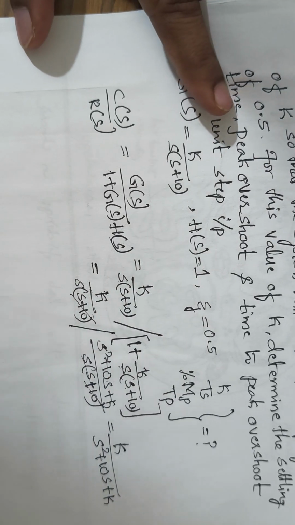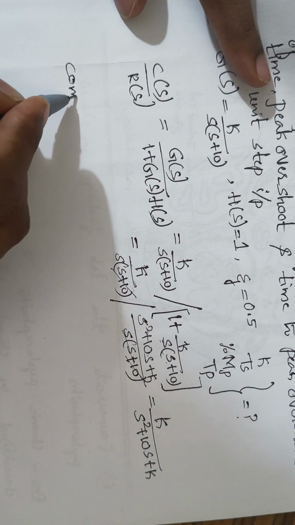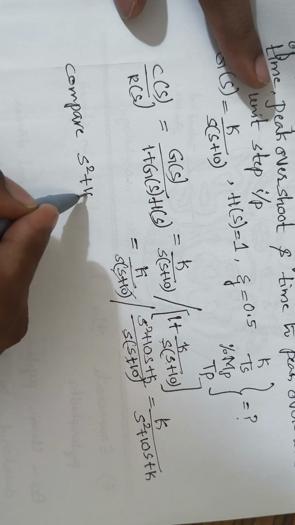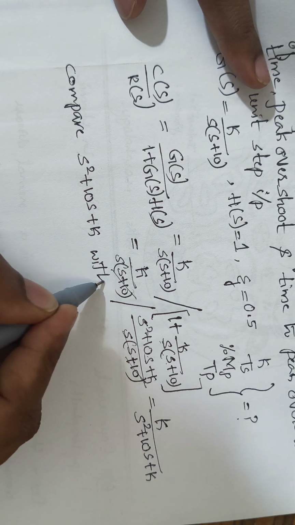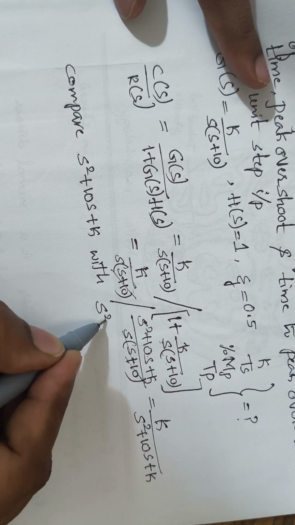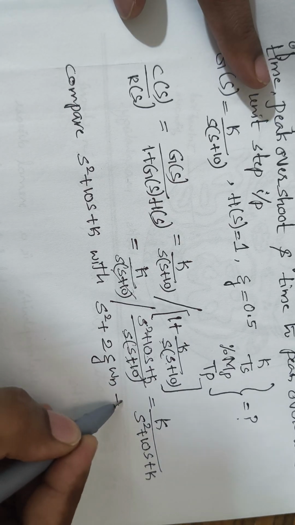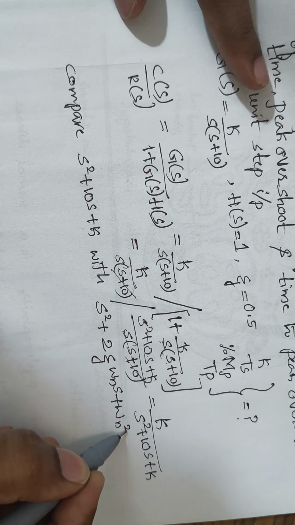Now what we'll do? We will compare this denominator, s square plus 10s plus K, with the equation s square plus 2 zeta omega n into s plus omega n square.